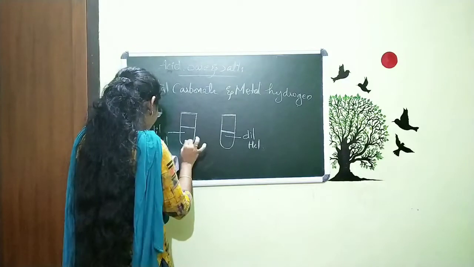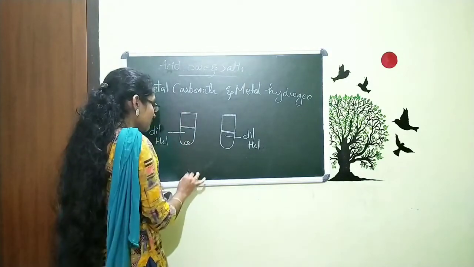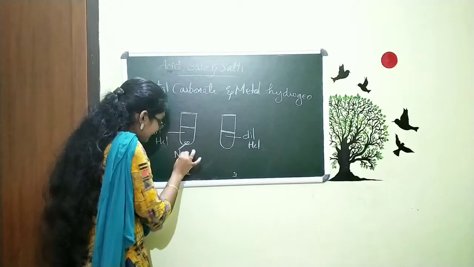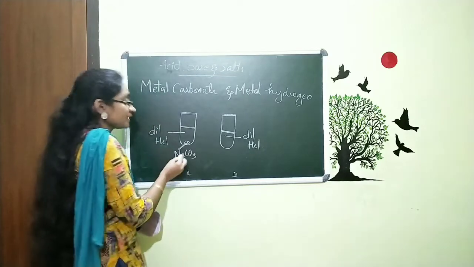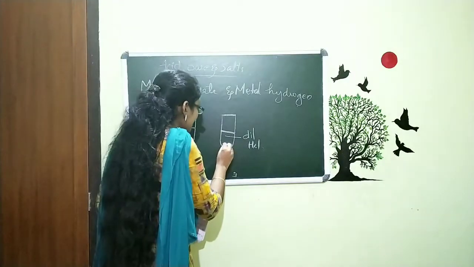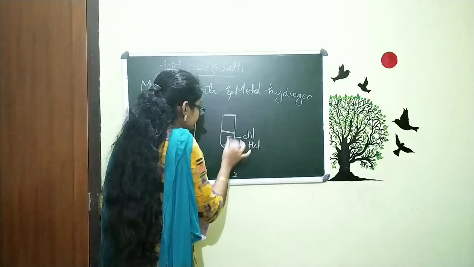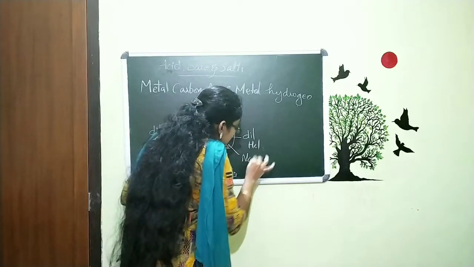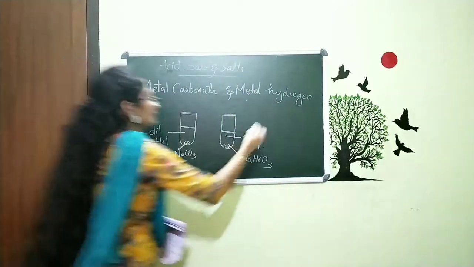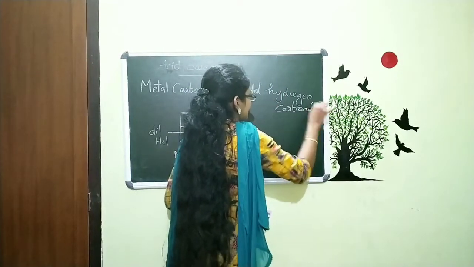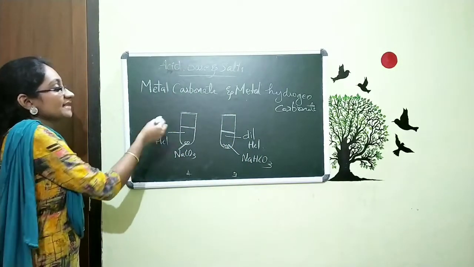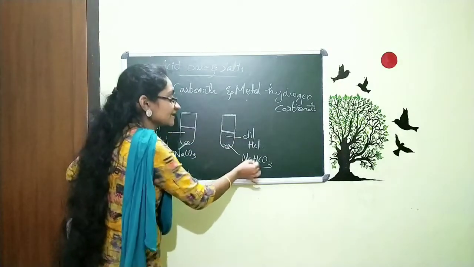So I am putting some sodium carbonate, Na2CO3, in this test tube A, that is the metal carbonate. And in the test tube B, I am taking some sodium hydrogen carbonate, that is the metal hydrogen carbonate. So, I am just taking one acid and this metal carbonate, and acid and metal hydrogen carbonate.